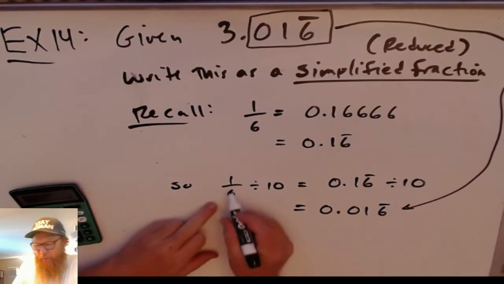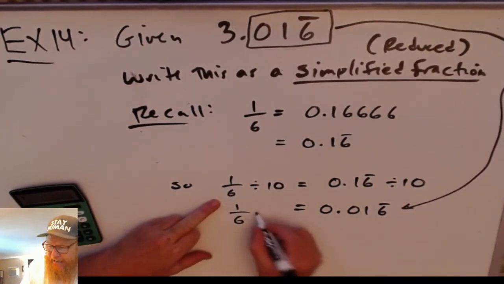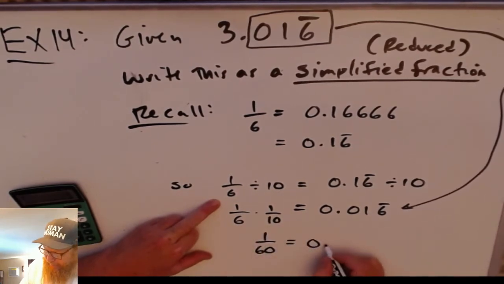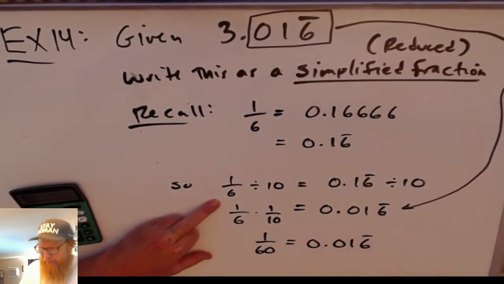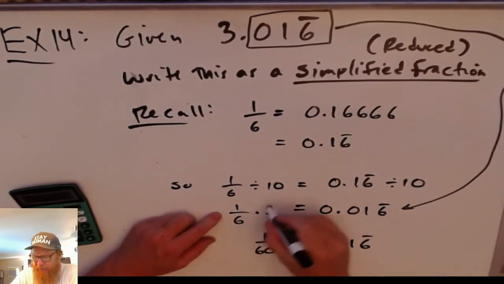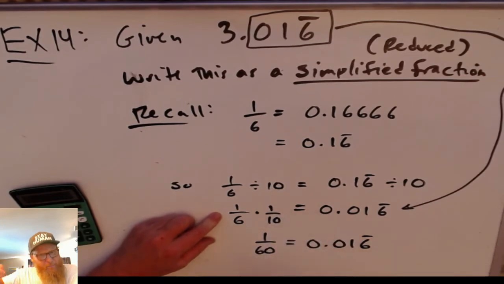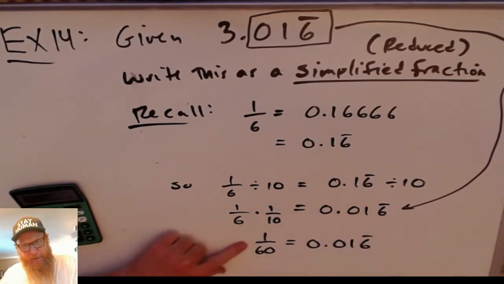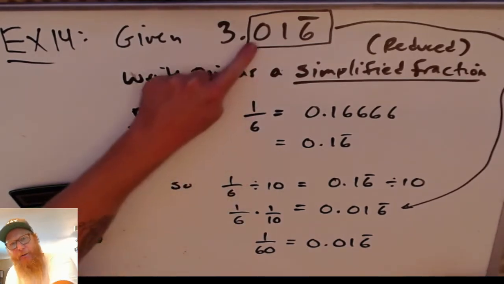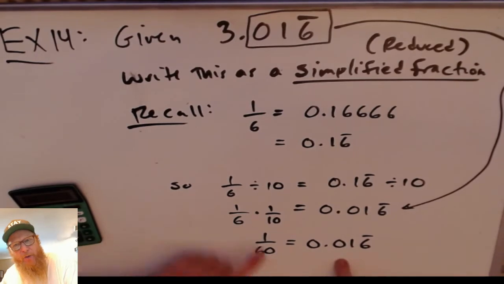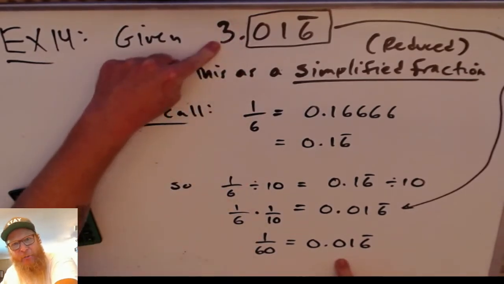By the way, 1/6 divided by 10 is the same as 1/60th. 1/6 divided by 10, you flip the 10, make it 1/10, change the division into multiplication, and now it's 1/60th. Now look how close you are to this. You've almost got the answer. All you're needing is the 3.